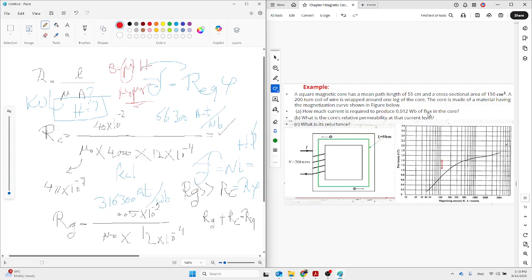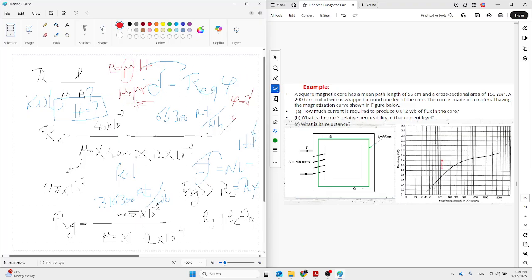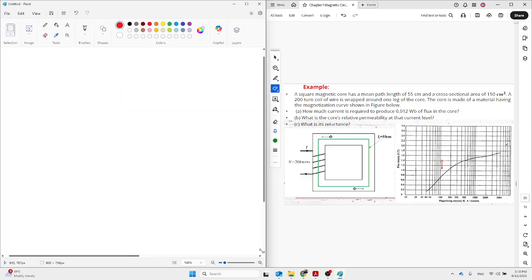The flux phi is given, and it asks you for the current I. How should we calculate that? It is not tough, it's very easy. Then what is the core's relative permeability? And finally, what is the reluctance?